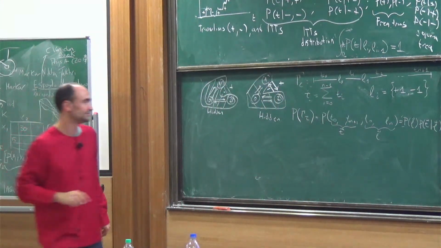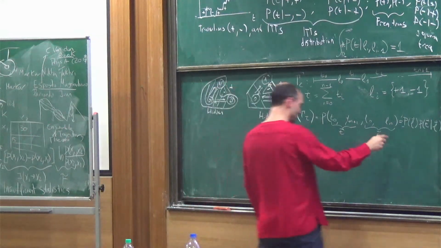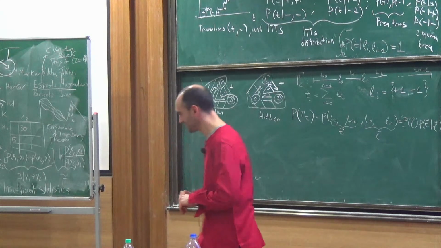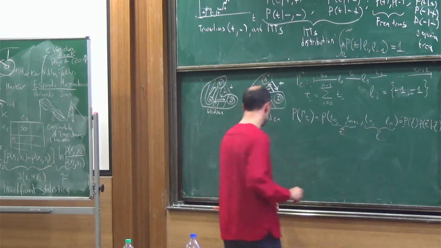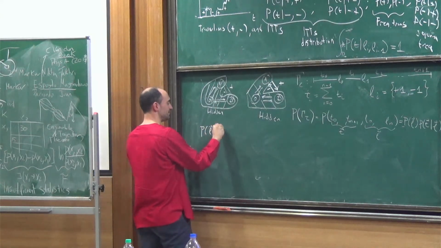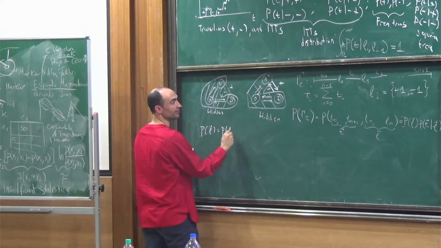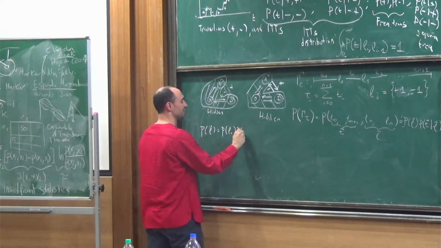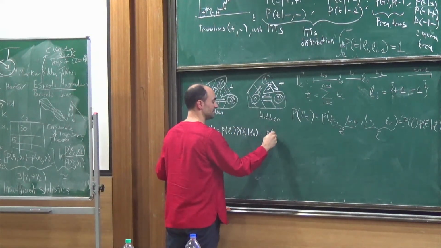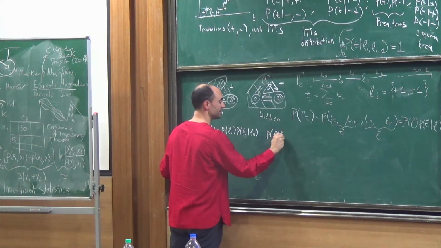And moreover, p of vector l is p of L0, p of L1 given L0, up to p of L_n minus 1.